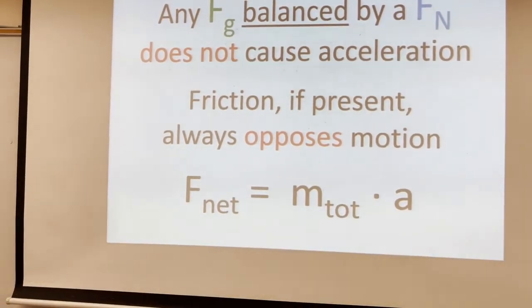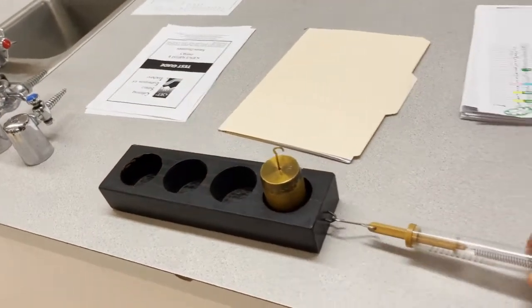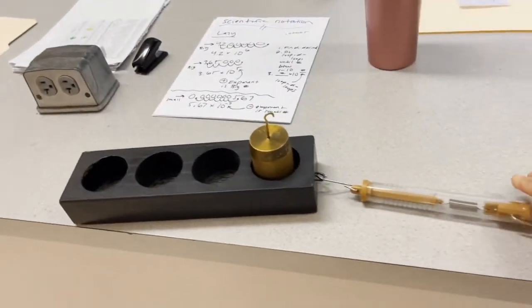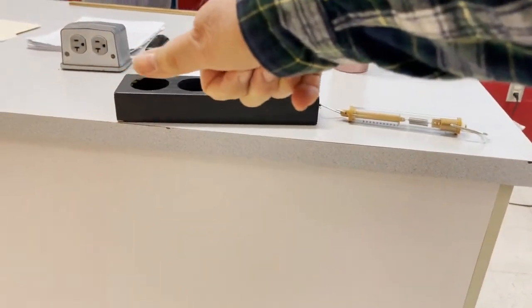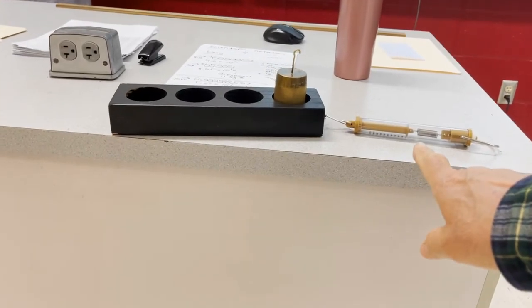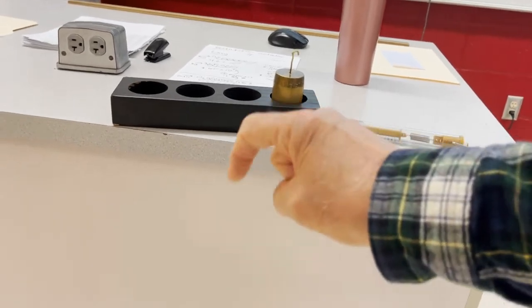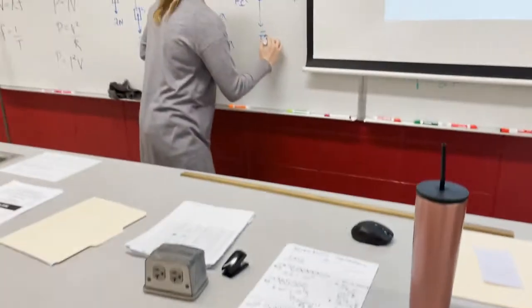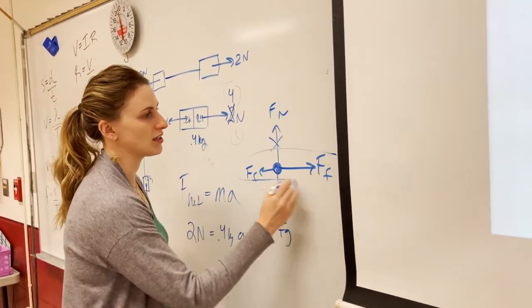So if you've got a situation where there's an acceleration, you've got the force of the pull, the force of friction, the force of gravity, and the normal force. It's the interaction between the force of the pull and the force of friction that's making the acceleration, not the force of gravity and the normal force, because these two are canceling each other out. So you have to deal with these two right here.